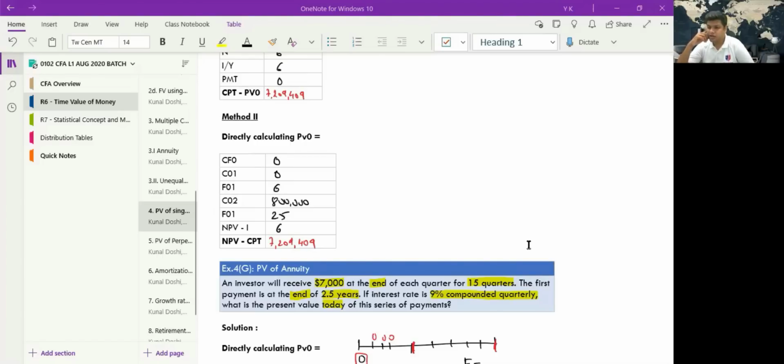It will be 0 initially, right? Yes. Till what point will it be 0? Or you can say, when will the cash flow begin? 7,000 will begin from what point?